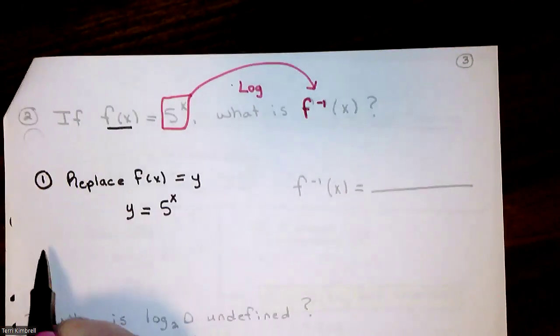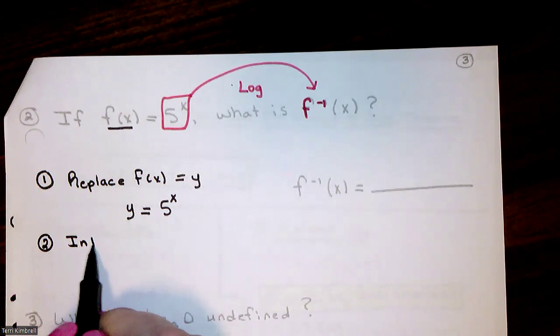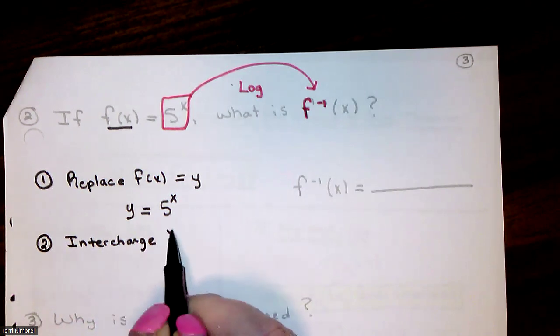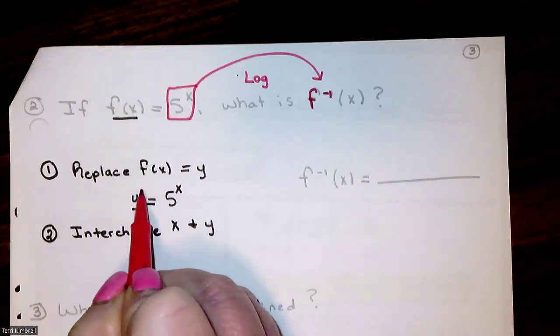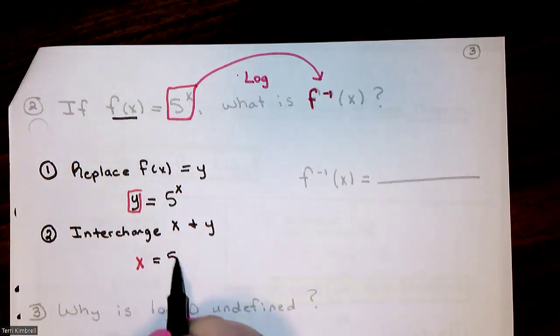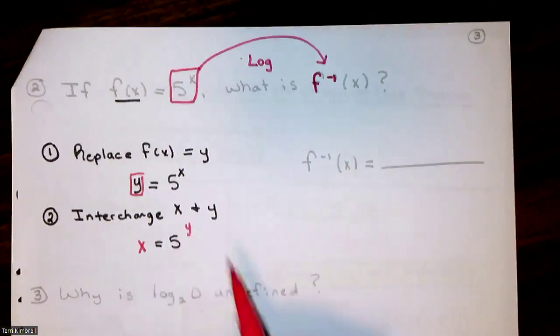So what I'm going to do second is I'm going to interchange x and y. So that means my y is now going to become an x, and my x is now going to become a y.